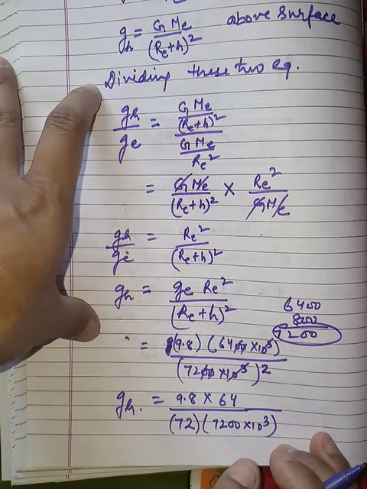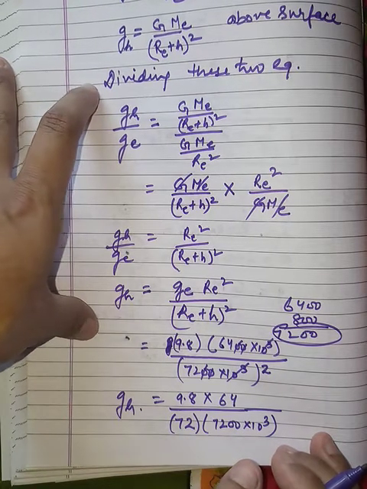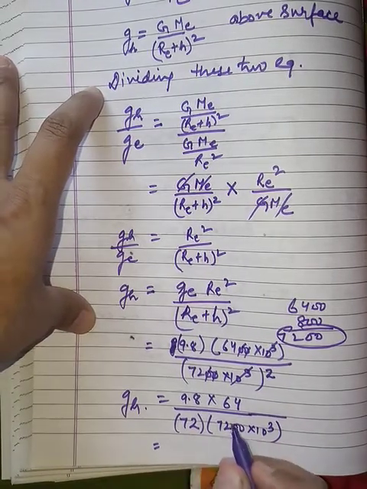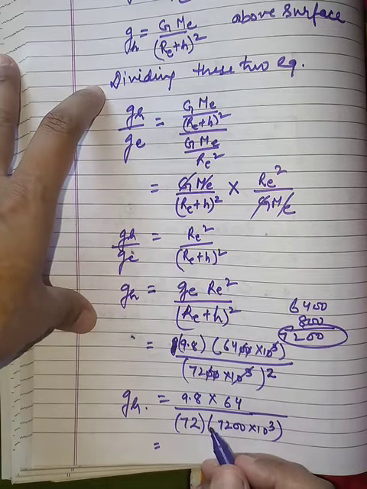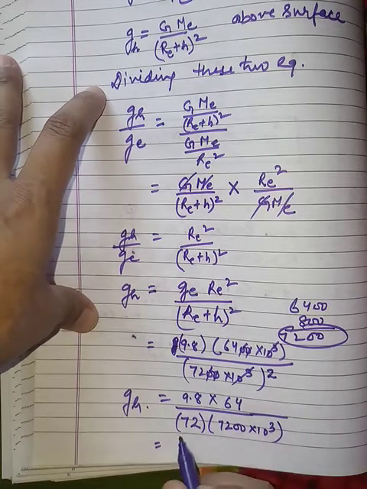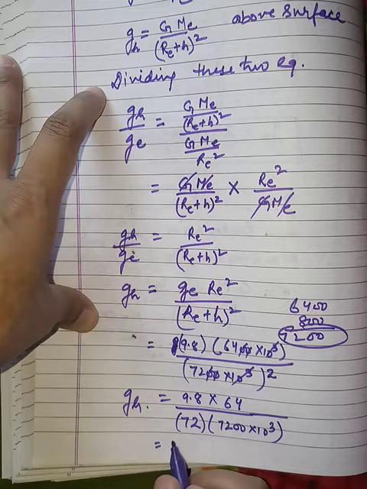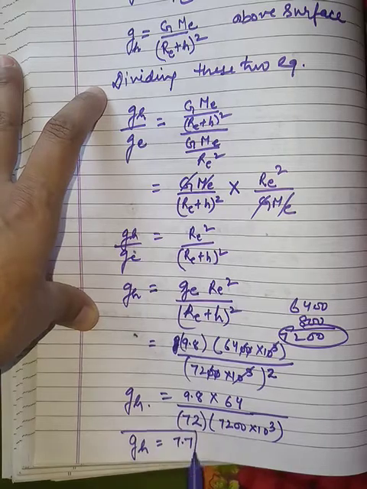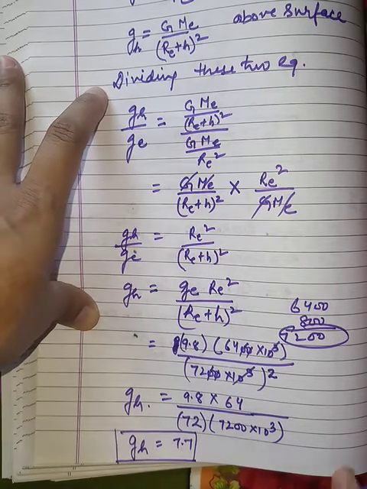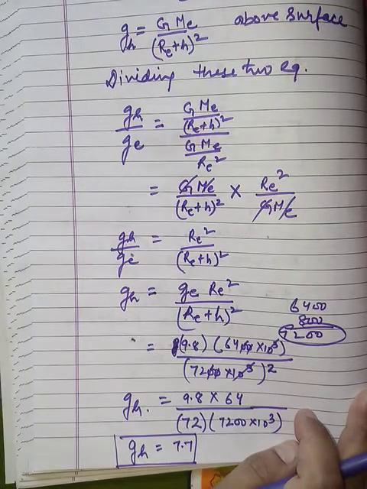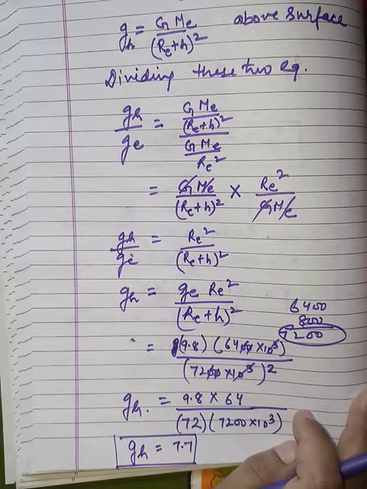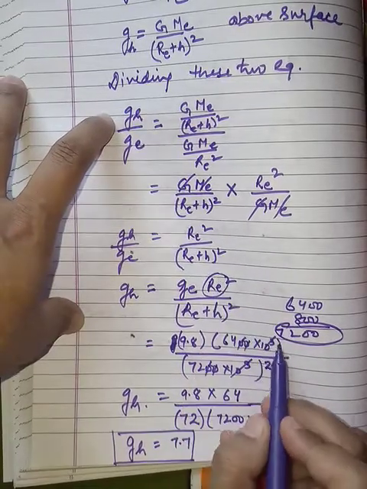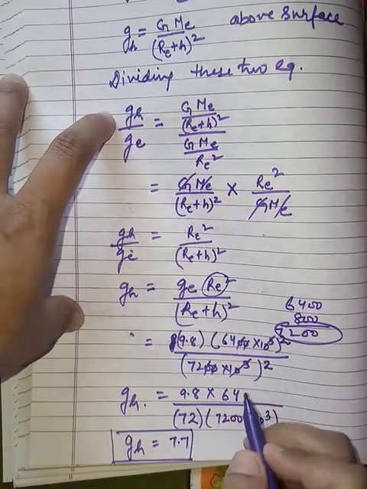So that we have to calculate at last. I will not show such a long calculation here, I think you can do this type of calculation. This will be coming out to be 7.7, the answer is given as 7.7. Oh, I am sorry, it is also being squared. R_E is also squared over here. So make it square.